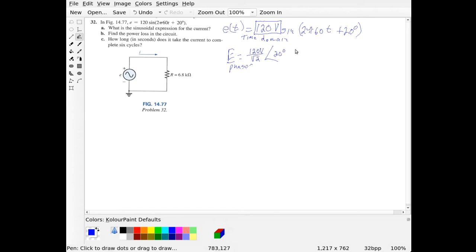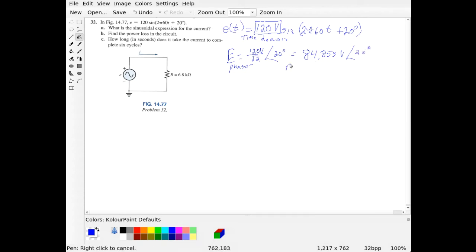Okay, so 120 volts divided by the square root of 2 at an angle of 20 degrees. And again, if we were going to put that into Blackboard, we would convert this into a decimal representation. So that would actually be 84.853 volts at an angle of 20 degrees.